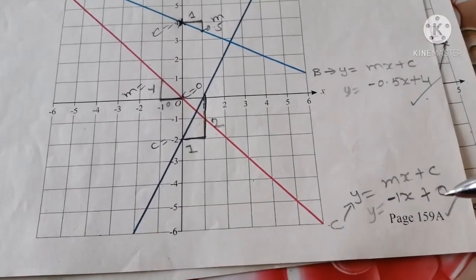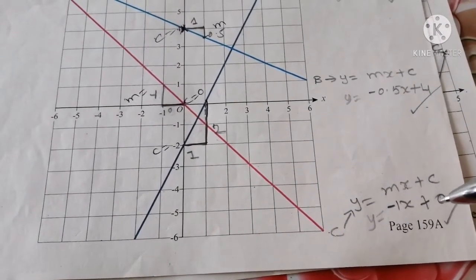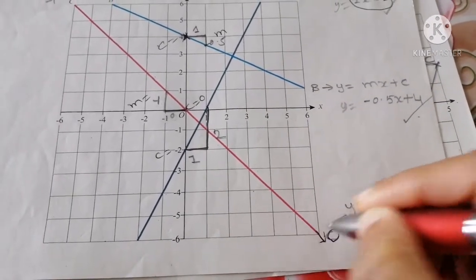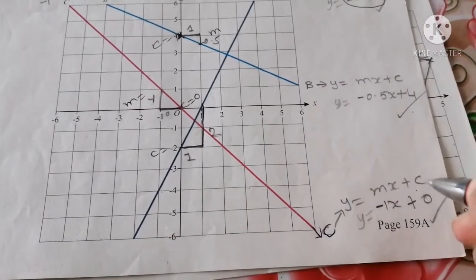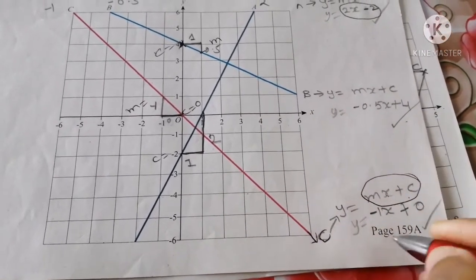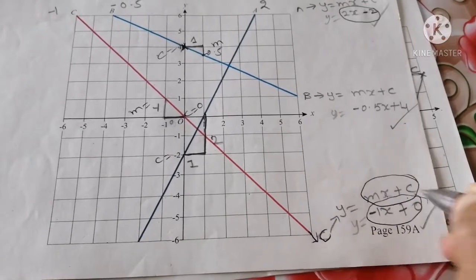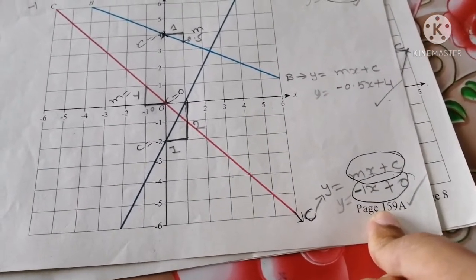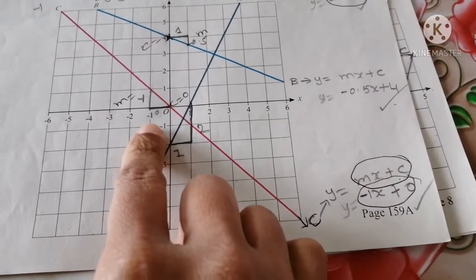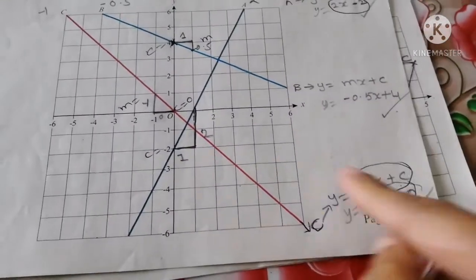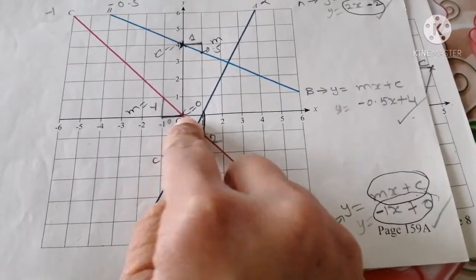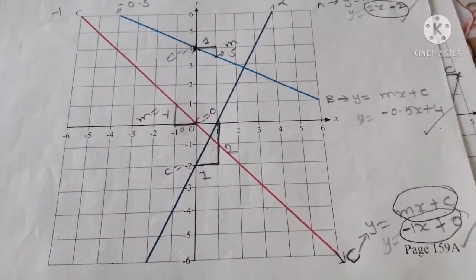So for line C, y equal to mx plus c. We need to write this formula, and we need to write our answer in this format. y equal to minus 1x, because it is sloping downhill, and the crossing point c equal to 0.